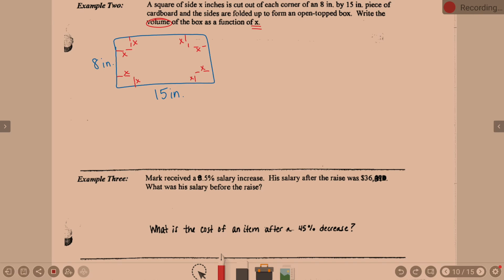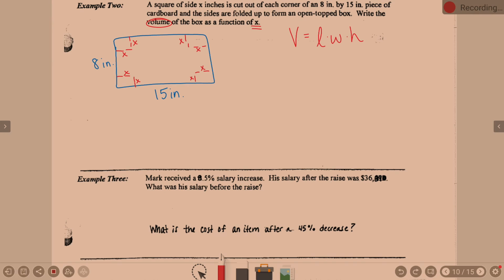Okay, what's your brain say about volume of a box? What's volume? Length times height times width. Length times width times height is our volume of a rectangular prism, if you want to get official language, but volume of a box is length times width times height.